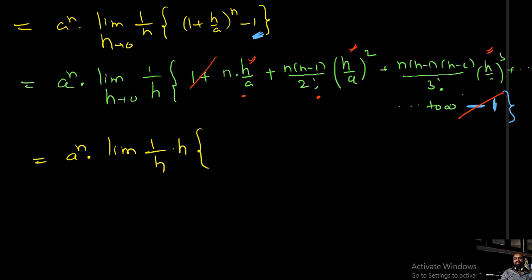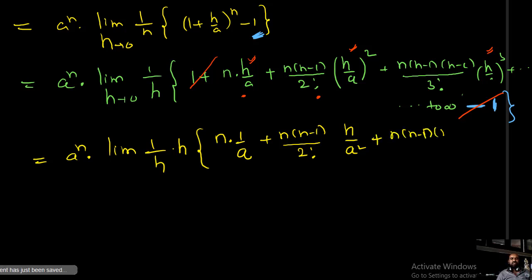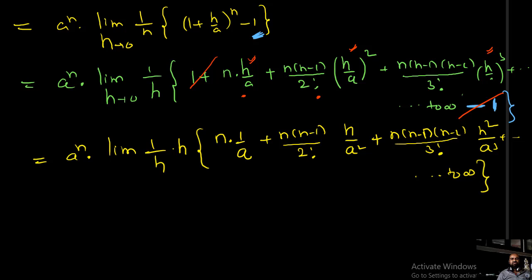What we left here: n into 1 by a plus n into (n minus 1) by 2 factorial into h by a square, actually h square by a square, one h is taken common, plus n into (n minus 1) into (n minus 2) by 3 factorial into h square by a cube, so on to infinity, and close.